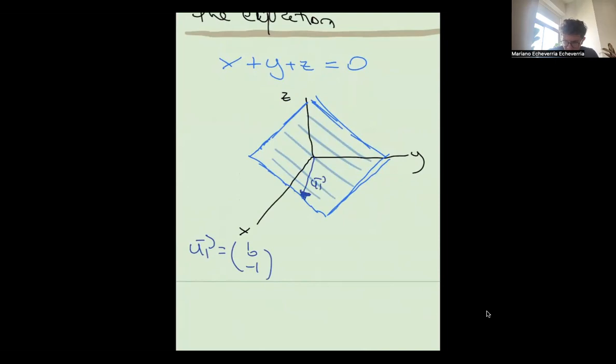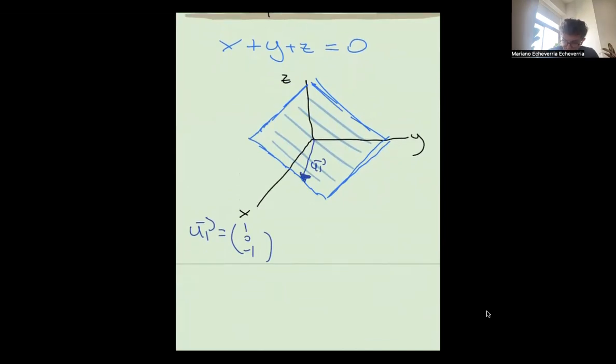If you add the entries of this vector, it is 1 plus 0 plus negative 1, so that gives you 0. So this vector belongs to the plane. When I say that the vector belongs to the plane, I mean that its head, or its endpoint where it terminates, belongs to the plane.